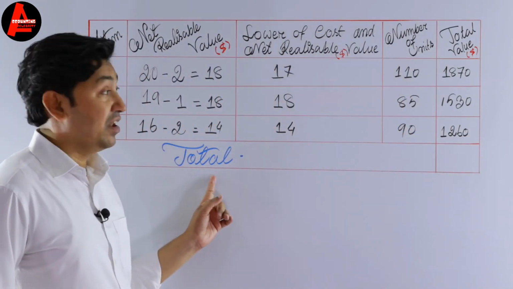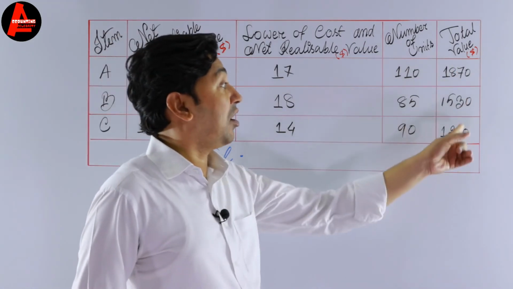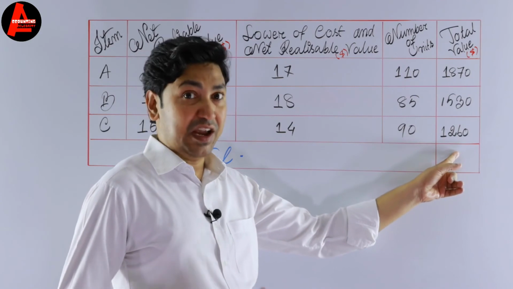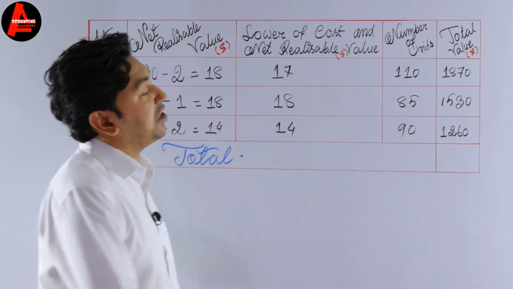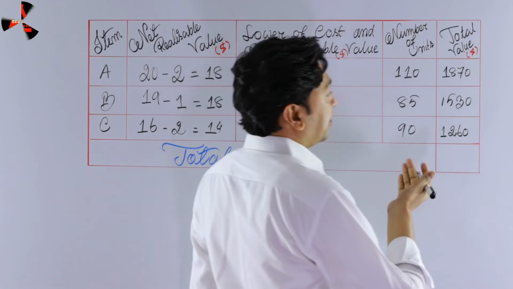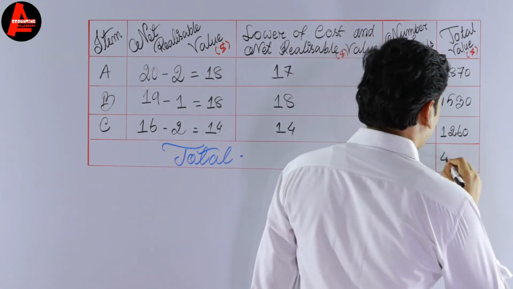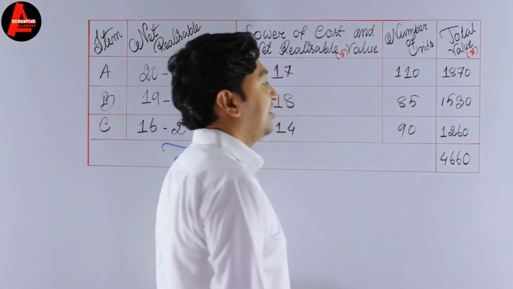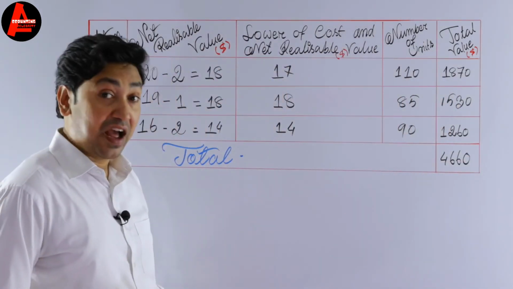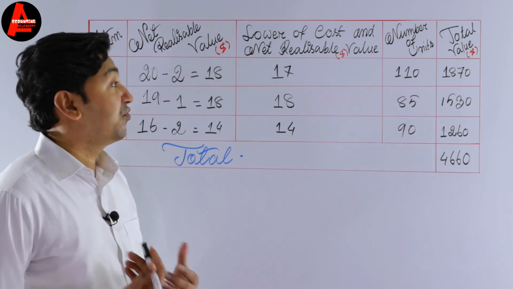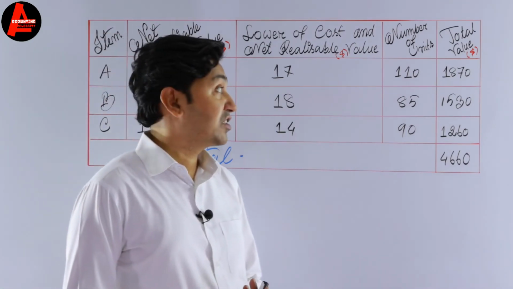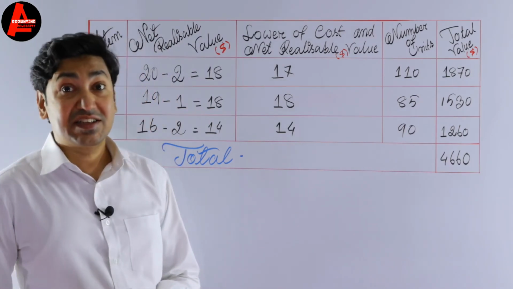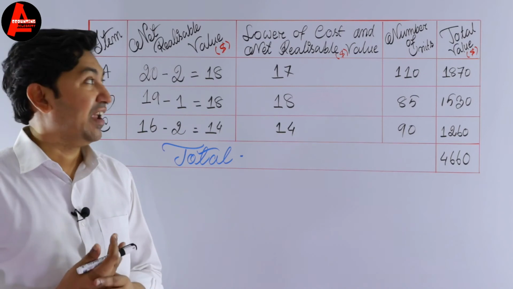Here you see total. We need to calculate the total of these three items to know the total value of our inventory. If we total these three items, we get $4,660. This is the amount of inventory for the year ended 31st March 2021. So this is how you have to calculate inventory.